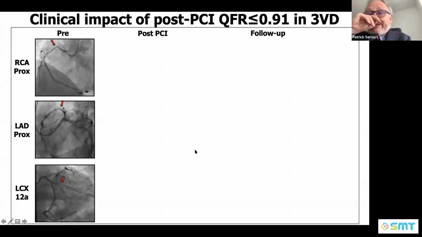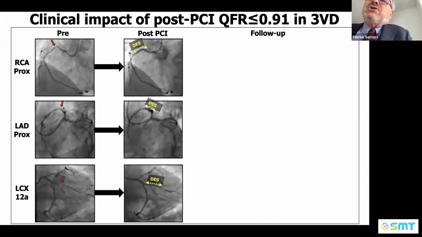And this is a good example, a case with right coronary artery, LAD and LCX, three-vessel disease. Next. You could see that they put the drug-eluting stent in the proximal right and in the proximal LAD. Maybe they pushed their luck with the drug-eluting stent a little bit too much.